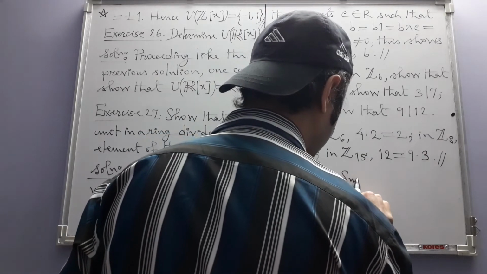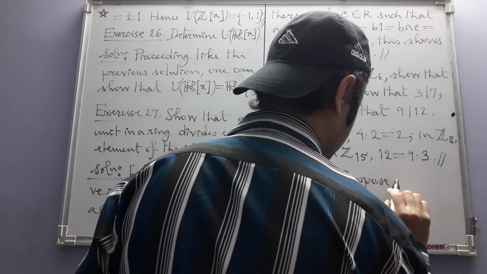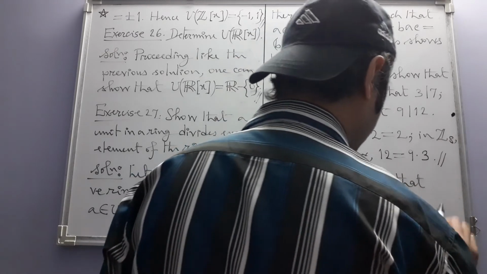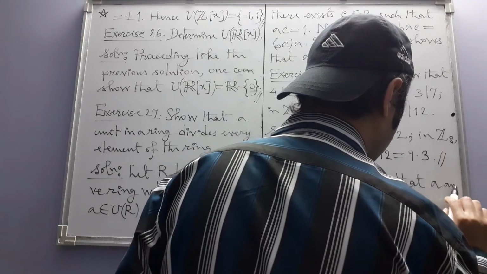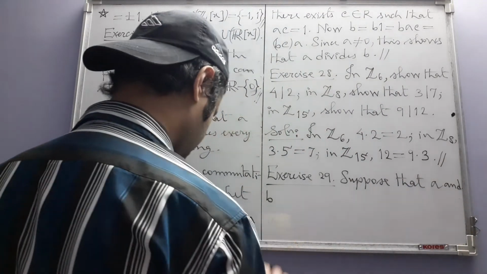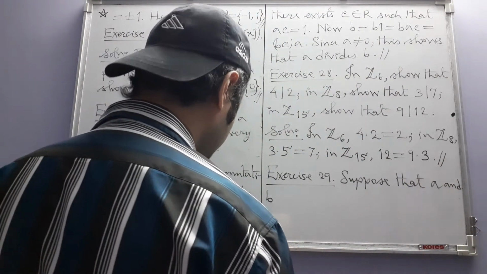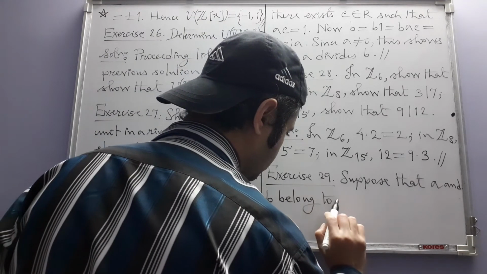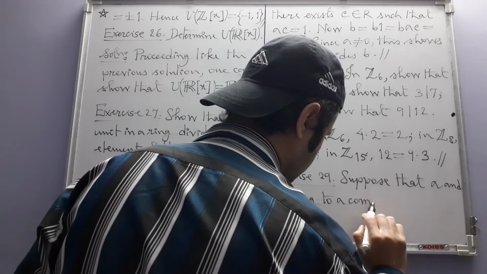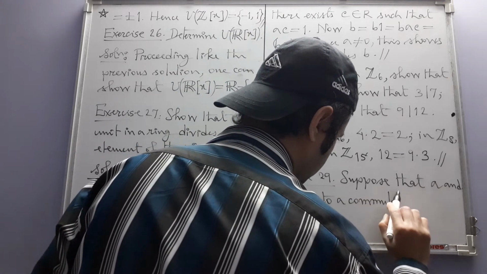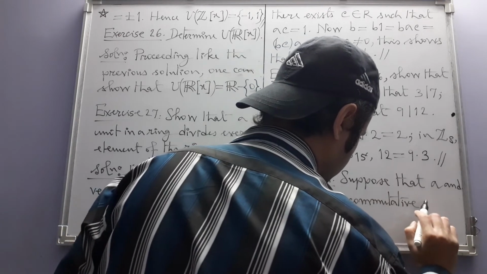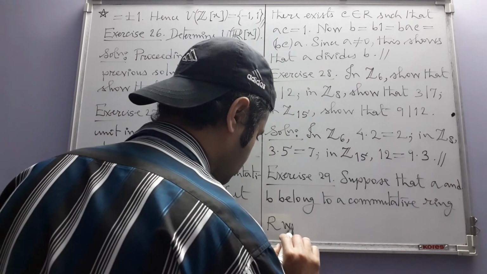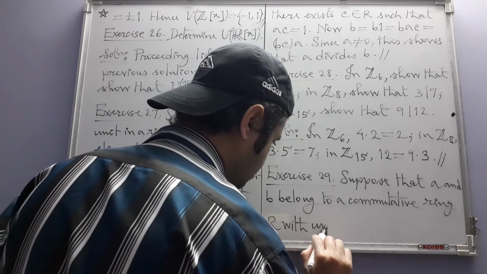Suppose that A and B belong to a commutative ring R with unity.